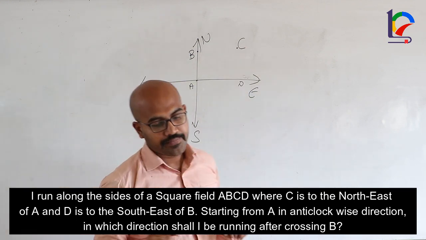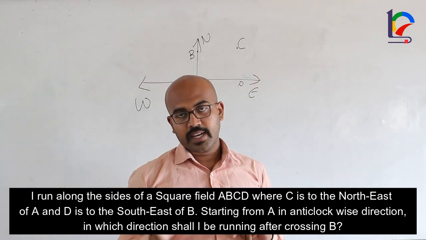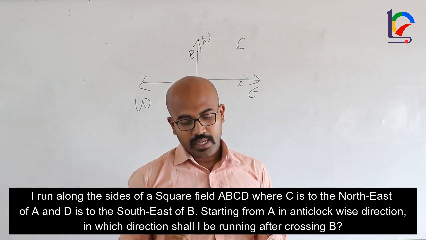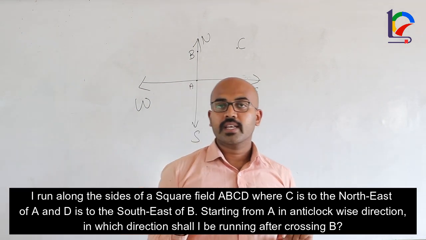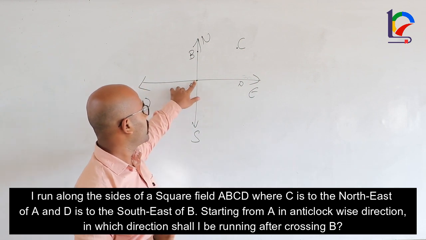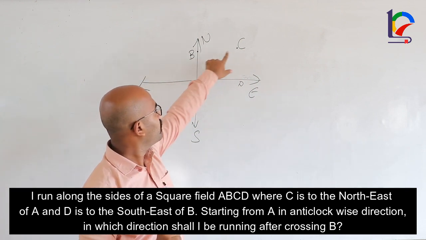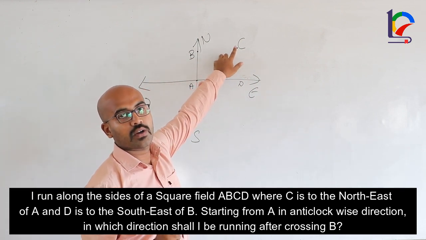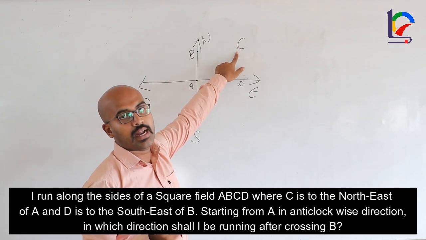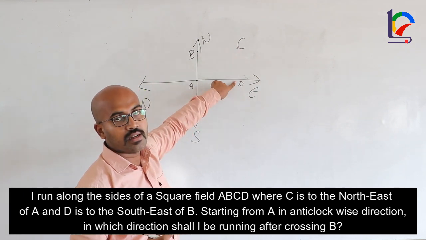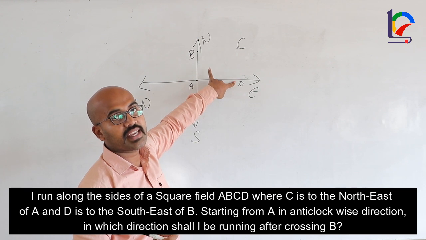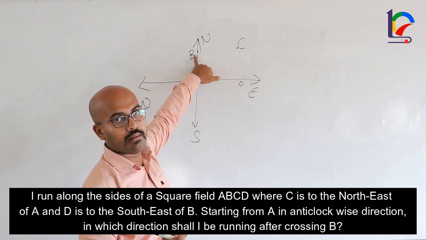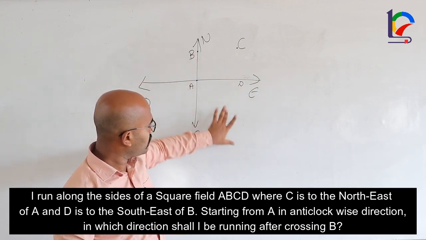So I repeat. I run along the sides of a square ABCD where C is to the northeast of A. If I take this as A, northeast would be somewhere here. So C is to the northeast of A and D is to the southeast of B. Southeast is here.